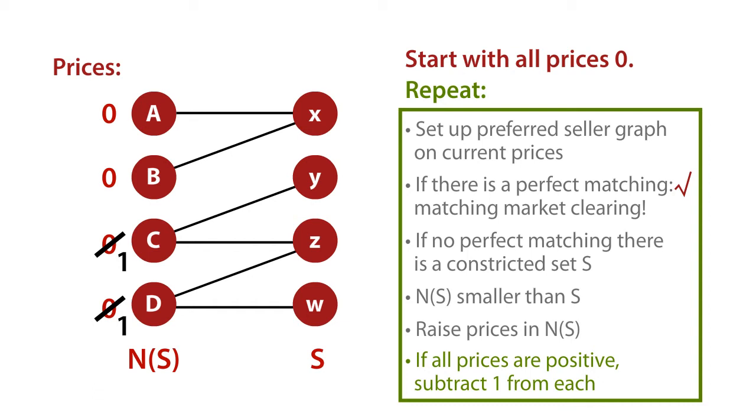Maybe this process will never end. We're sometimes raising prices and sometimes lowering prices, so one should wonder whether we are making progress here, or are we just cycling between one set of prices and another. This is what we're going to come back to next time, and show that the process in fact ends and finds market clearing prices.